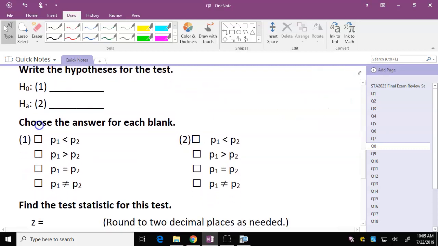So down here, your null hypothesis, H0, who's it going to be? You got choices. You got to be careful. You are comparing two groups. This is coming from 8.4, so we are comparing two populations.